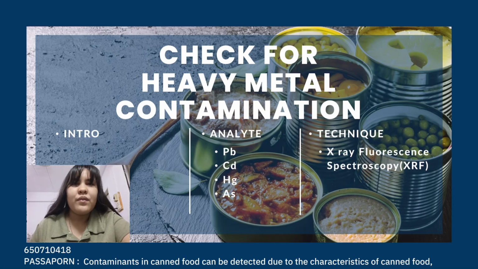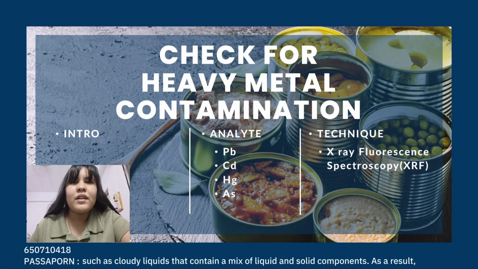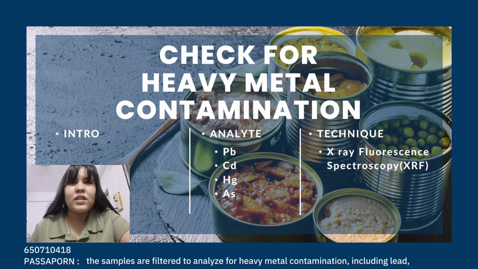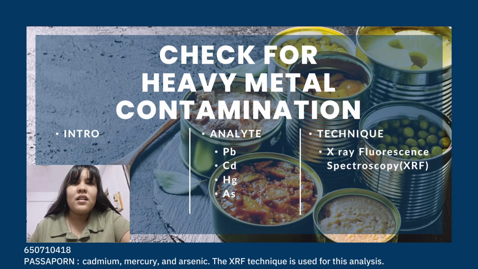Contaminants in canned food can be detected, but due to the characteristics of canned food, such as cloudy liquid that contains a bit of liquid and solid components, the samples are filtered to analyze for heavy metal contamination, including lead, cadmium, mercury, and arsenic. The XRF technique is used for this analysis.